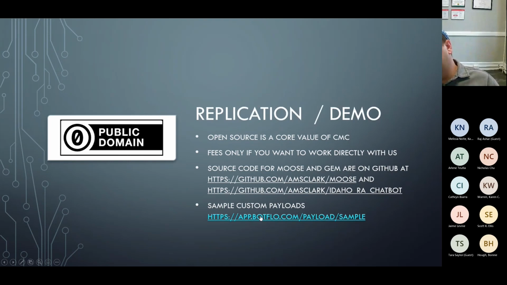This botflow.com payload samples, this is a resource that helps you write the custom responses. You can write plain text responses too, but if you want to include links or suggested responses, this helps you do that slightly more complicated style of response.